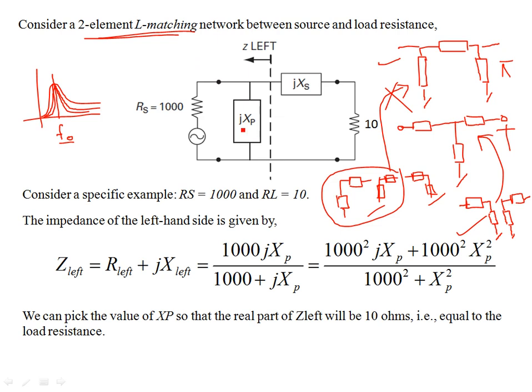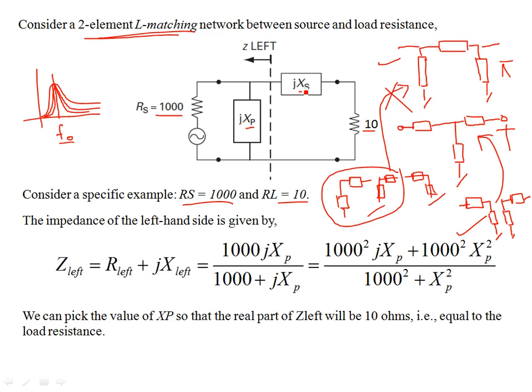So let's try to understand how we can use this to match a source resistance that is not equal to the load resistance. In this case, we have considered a 1000 ohm source resistance with a load of 10 ohms, a pure resistive load. So how do we use this lossless network? This XP is a parallel reactor, XS is a series reactor. It could be a capacitor or inductor, doesn't matter. Or both could be inductors, both could be capacitive.